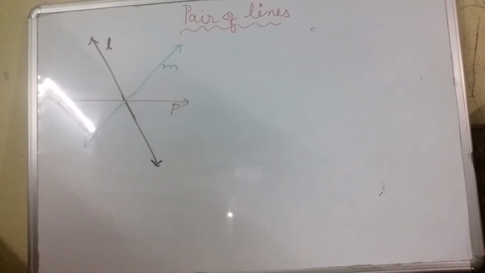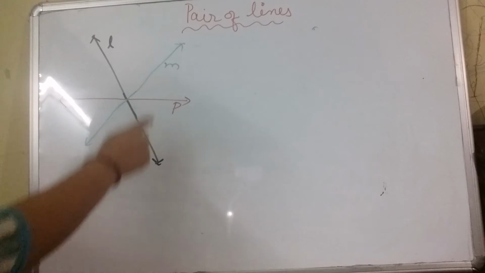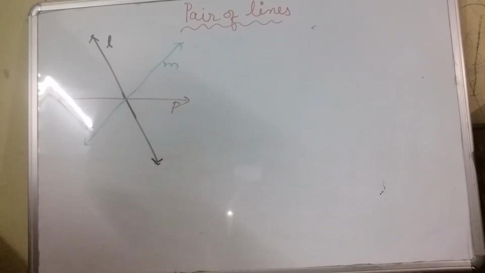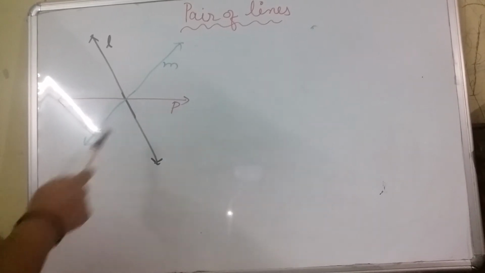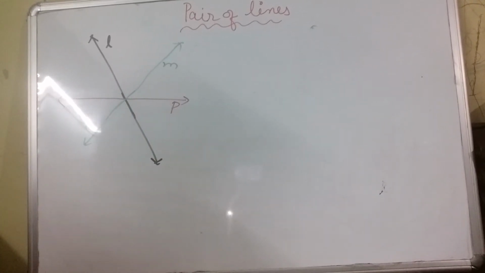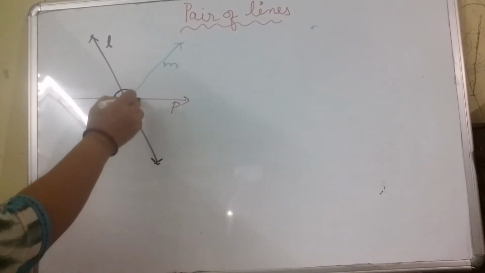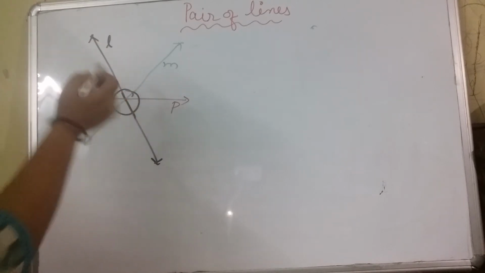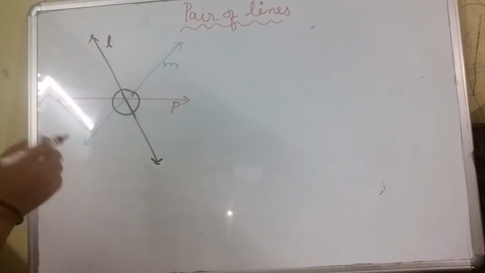Now look at this example. This line L and M, okay, and this line P. Can you say this P is a transversal or not? P is not a transversal here, because if you remember the definition of transversal, they should meet at different points. But in this case, all these lines are meeting at a particular point, a single point, not different points.